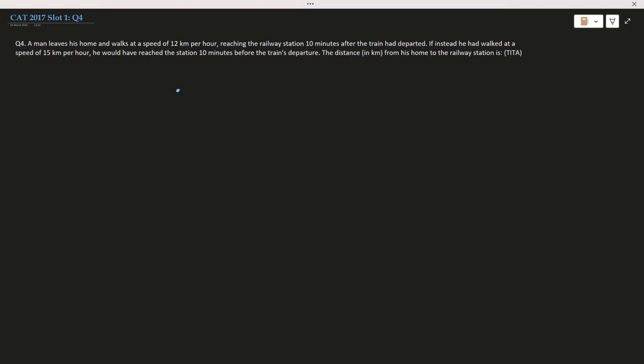So let's say this is the distance between the home and the railway station. The distance is constant, so I can say distance is equal to speed into time. Let me say that his usual speed is v kilometers per hour and he takes t hours to reach the station.